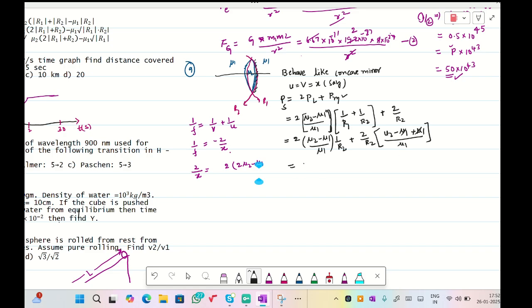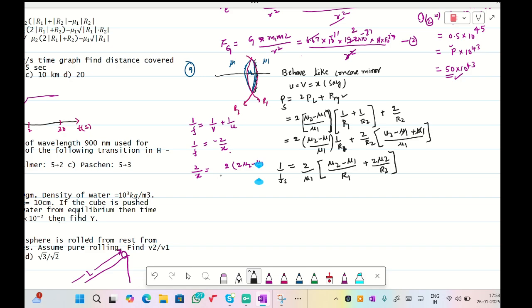Again 2 by R2 take common here. This is 2 by R1, here R1. So 2 by mu1 I can take common. So here mu2 minus mu1 by R1 plus 2 mu2 by R2. It is the power of the system, that is equal to 1 by the focal length of the system.